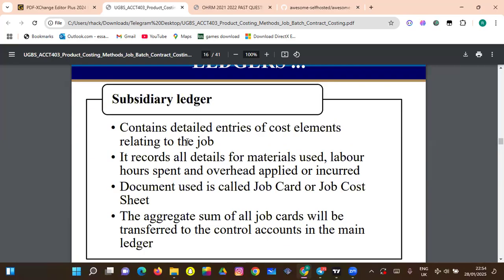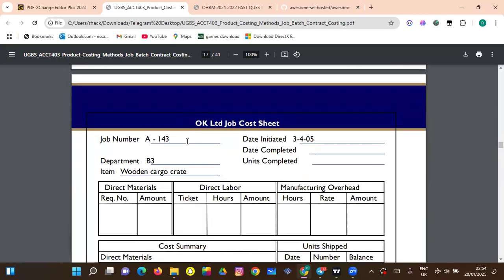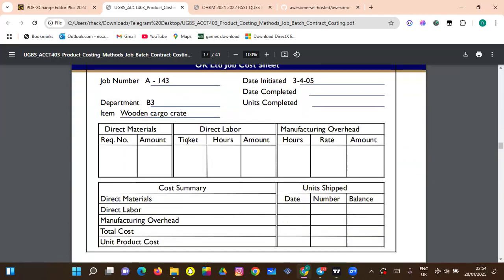It also deals with documents used in the job, called a job card or job cost sheet. It also talks about the aggregate sum of all job cards that will be transferred to the control account in the main ledger.